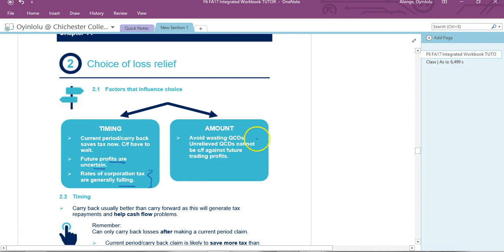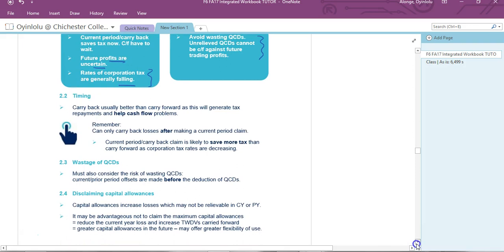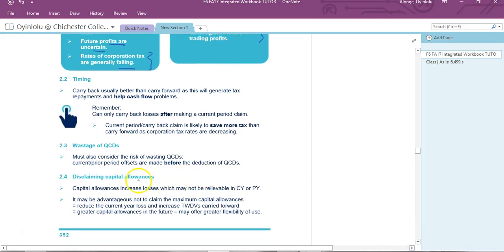You also have to think about how I can avoid wasting QCDs. And we'll see this when we come to talk about groups. The key point is you cannot relieve QCDs. When I say relieve, you can't carry them forward, so you have to use them in that year. So it's just about watching carefully what you can do. I talked earlier on about disclaiming capital allowances.